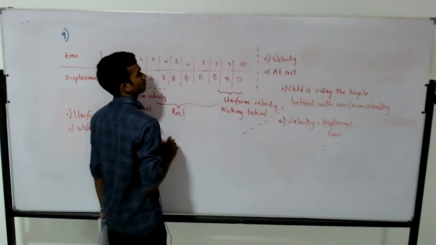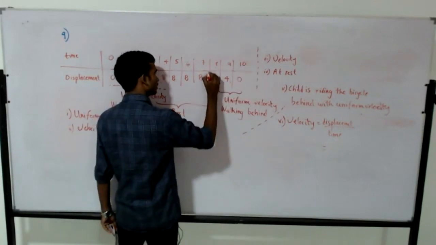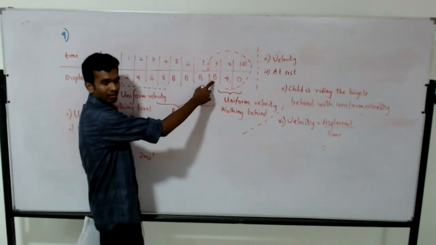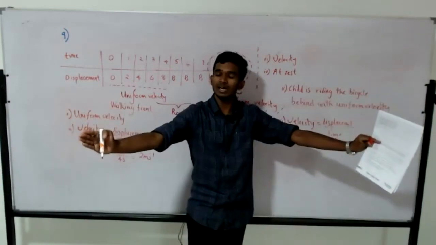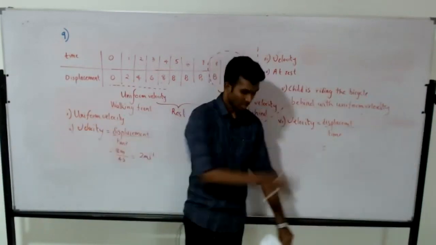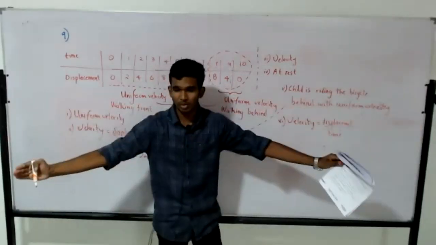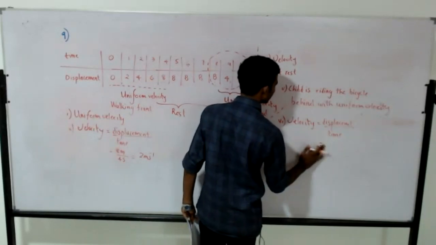Last 2 seconds, that means this and this. Where he is initially 8, where he is finally 0. Then what is his displacement in last 2 seconds? 8 meters. He is walking behind, that's a separate story. But what is his displacement? 8 meters.